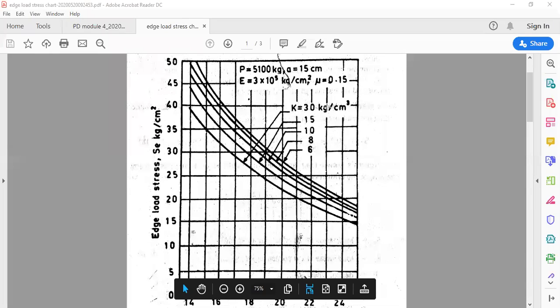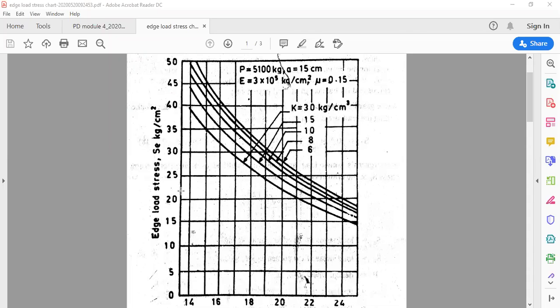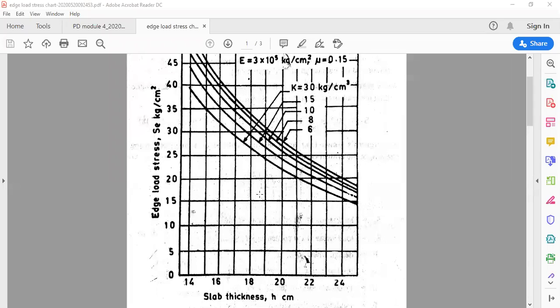K value is 30 kg per centimeter cube. Referring to this thickness of 20 centimeter, you can just extend from the x-axis, cut the K equal to 30 curve and extend towards the y-axis. So your edge stress will be in between 20 and 25. It is nearer to 20, so you can obtain 22 kg per centimeter square edge load stress for the given condition. So this is how to find the edge load stress.